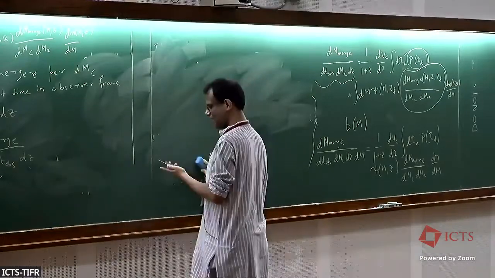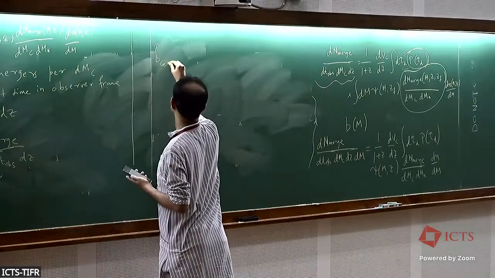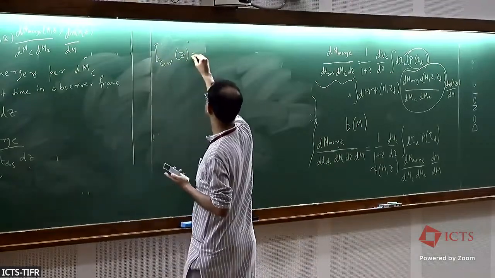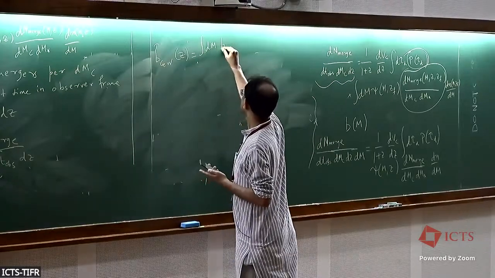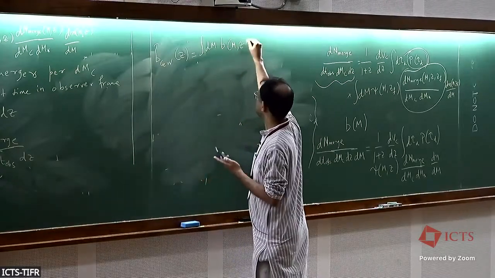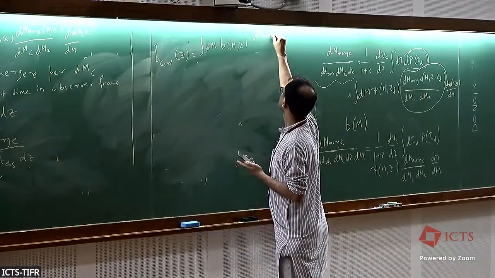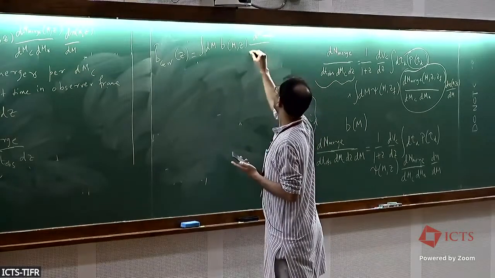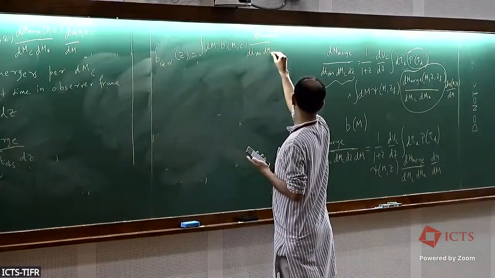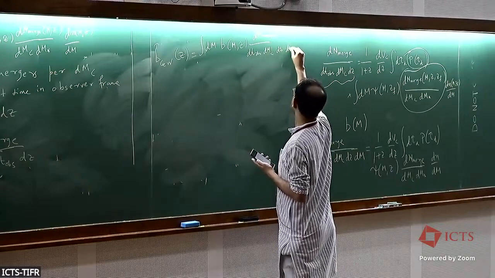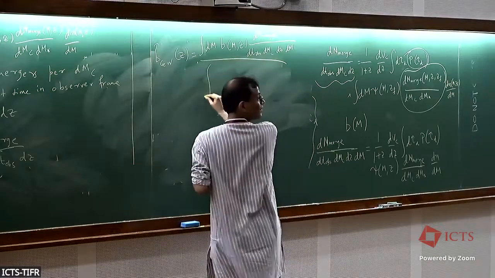So suppose I have observed some events, then the gravitational wave clustering for events coming from redshift z will be the integral of dm b, which can be a function of m and z, times this quantity dN_merge dt observed dm_c dz dm, divided by this normalization.